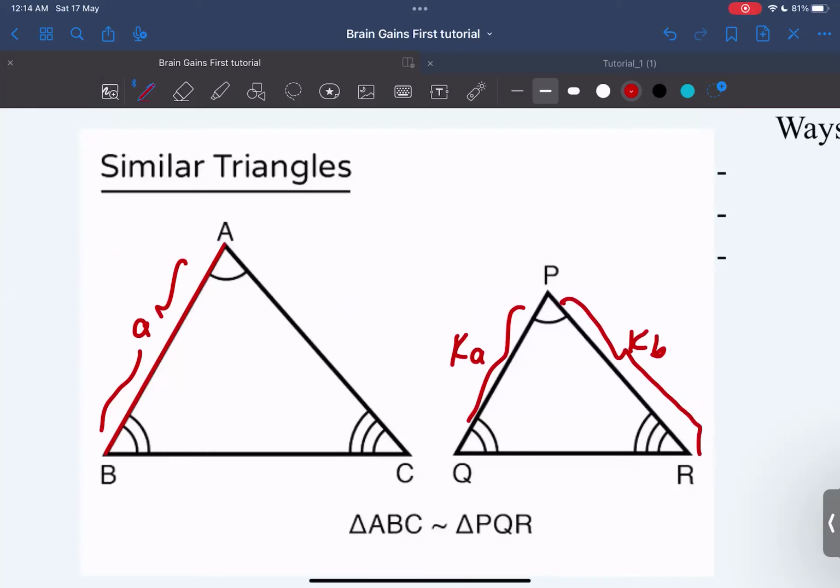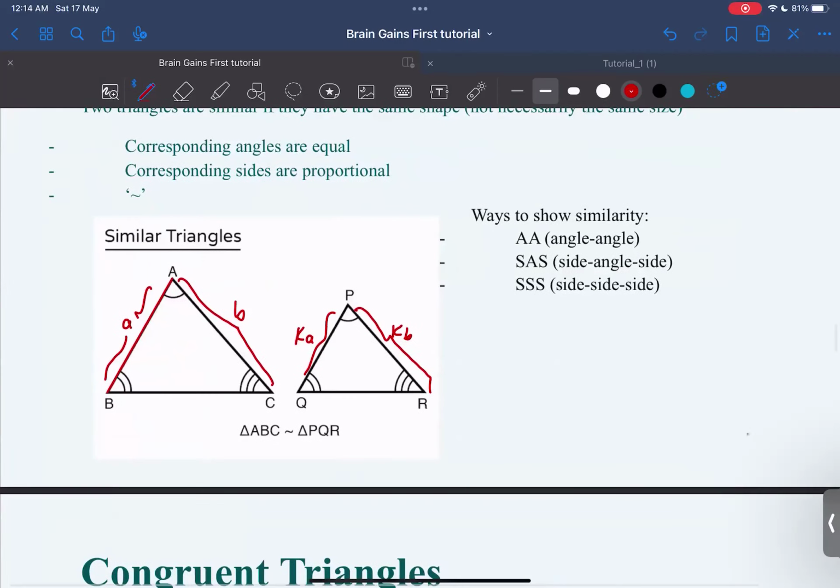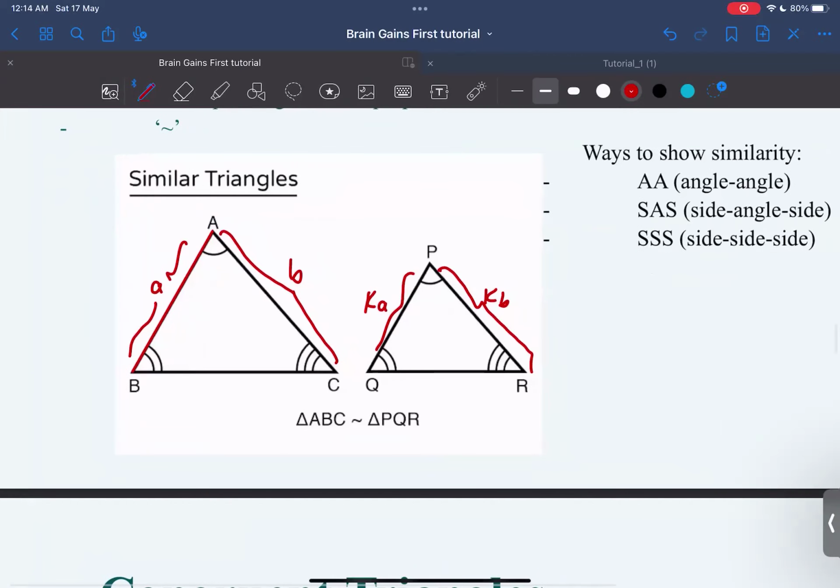So for similar triangles, whenever there's an S, instead of thinking about a side, it's more of a side ratio, right?